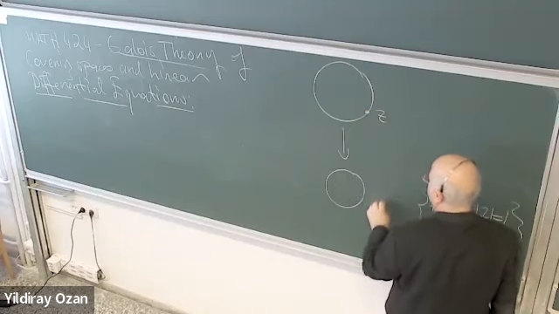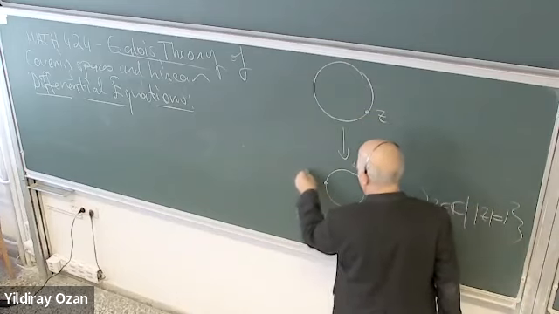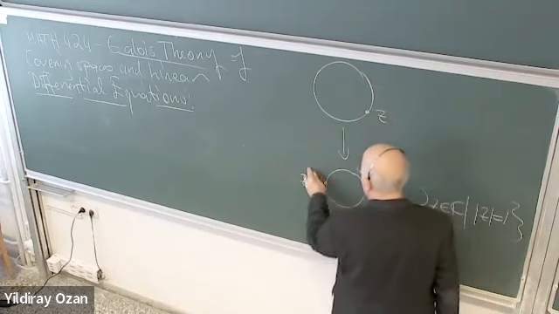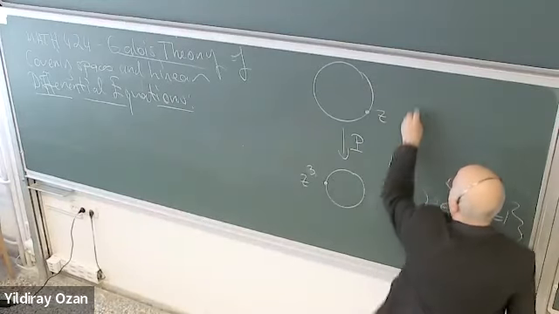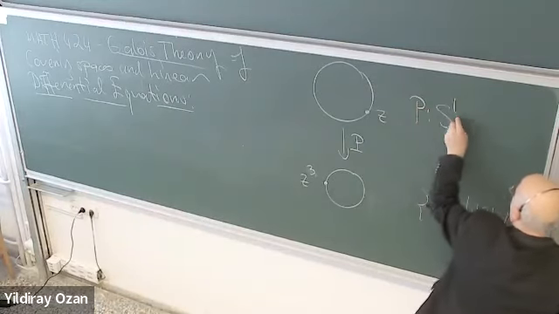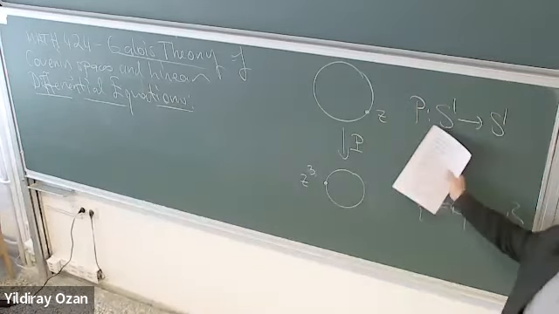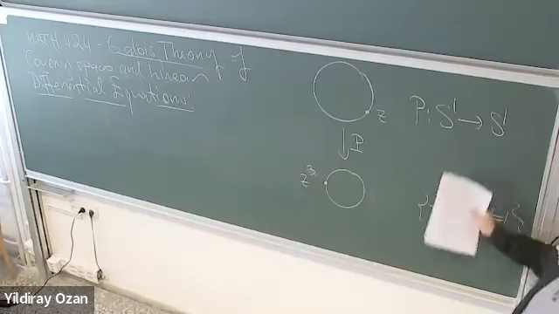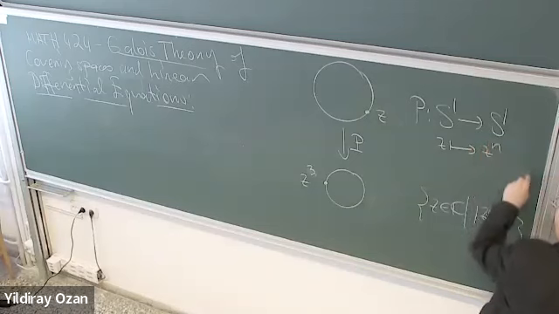You take a complex number z and send it to z to the power n. Let's say z cubed. Okay, so your map is this, sending circle to circle. The one-dimensional sphere is the circle, and we denote it like this, and it sends z to z to the power n.